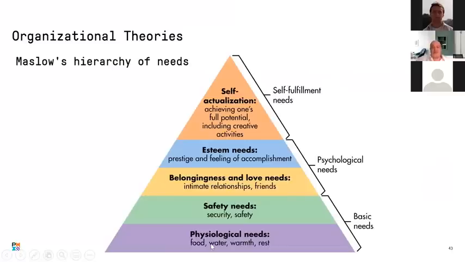So these are the physiological needs. And then your needs will grow to need more security and more safety. Maybe I will move from the place I'm living in to a nicer environment. And then you will need intimate relationships and friends.